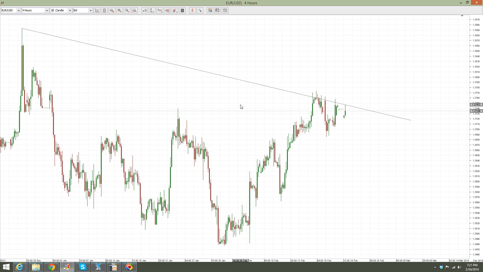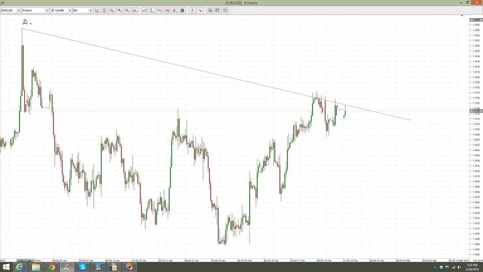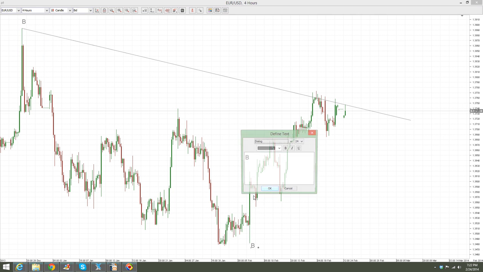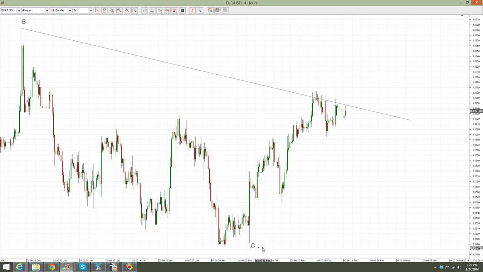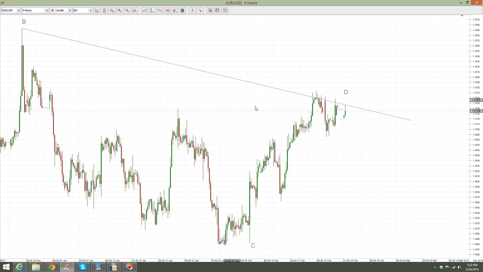The problem is that if this is a contracting triangle like we are suggesting here, and this is to be the B wave to the upside, this the C wave to the downside, and this the D wave to the upside, it cannot be, because no part of the previous C wave should break the B to D trend line.